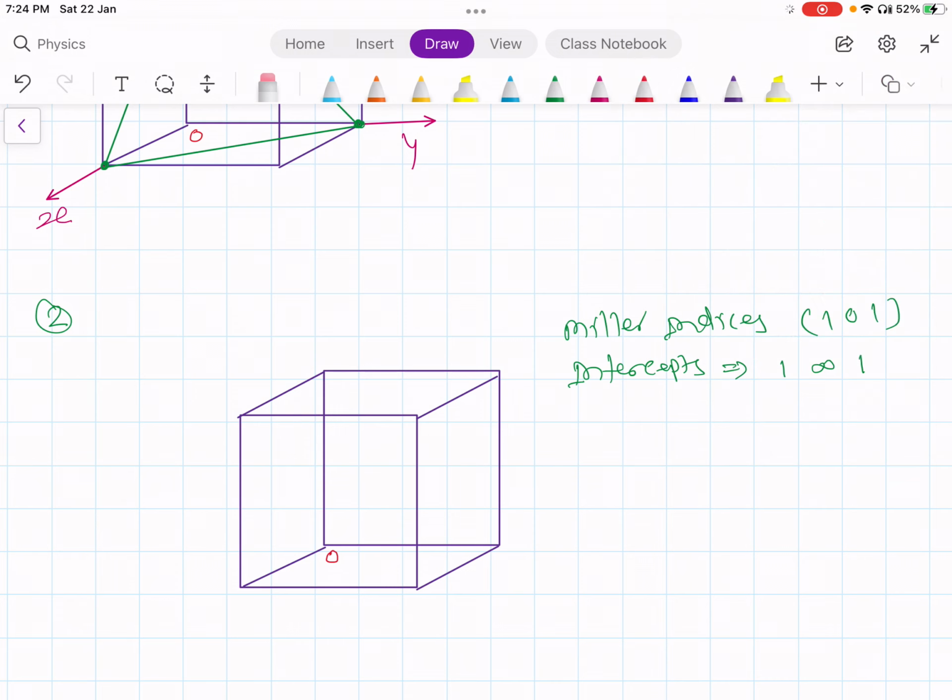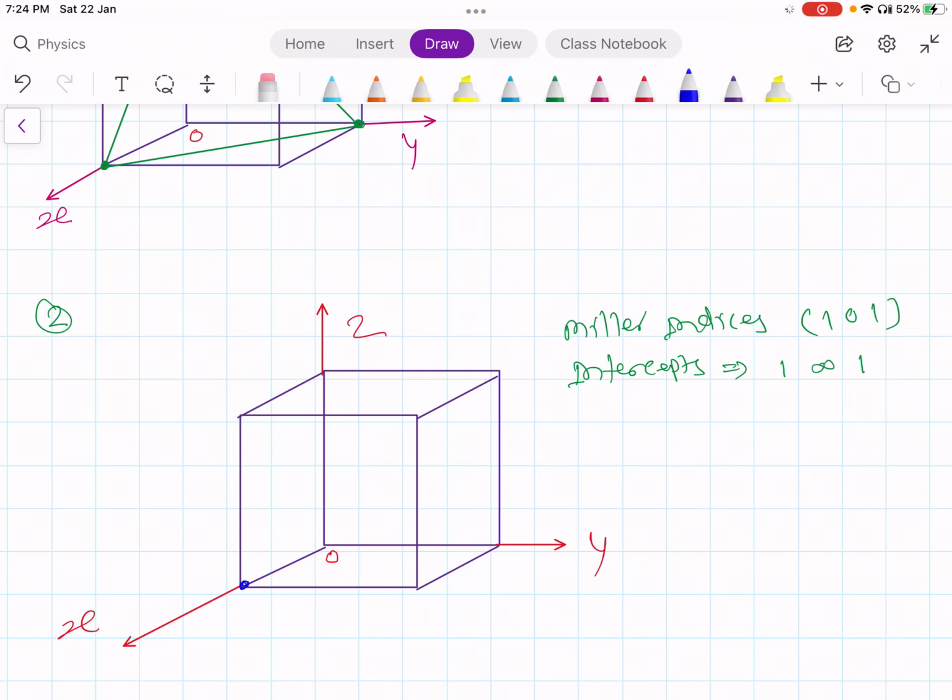Then mark the axes properly. Always x, always y, and you have to take this as the z-axis. Never change the axis position. Then the intercept on the x-axis is 1.